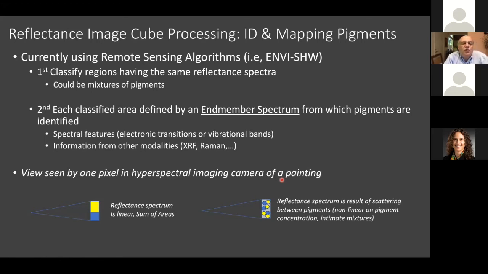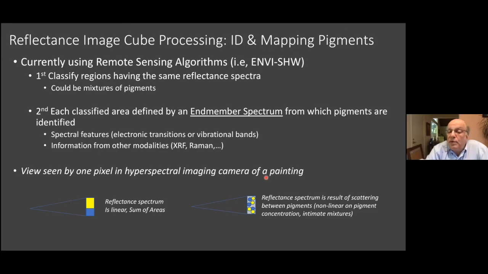And the way it goes is the first thing you do is you somehow classify regions that all have the same reflectance spectra. In this case, they could be the result of mixtures of pigments or pure pigments. And then the second thing we do, once we've classified large regions of the painting as having the same or similar reflectance spectra, which we call end members, is we try to identify these end members in terms of what pigments make them up.